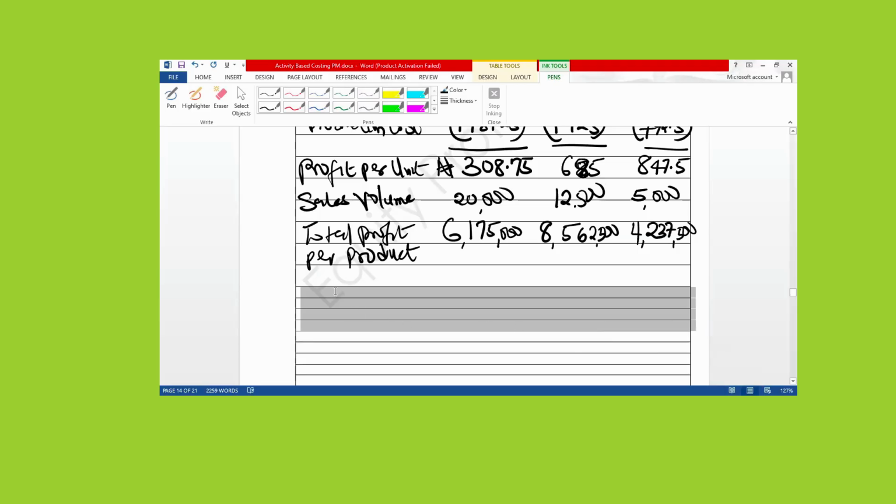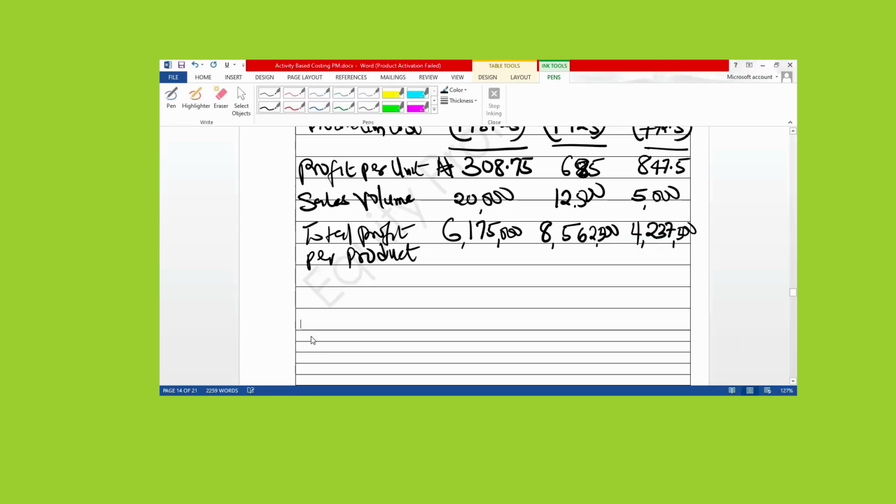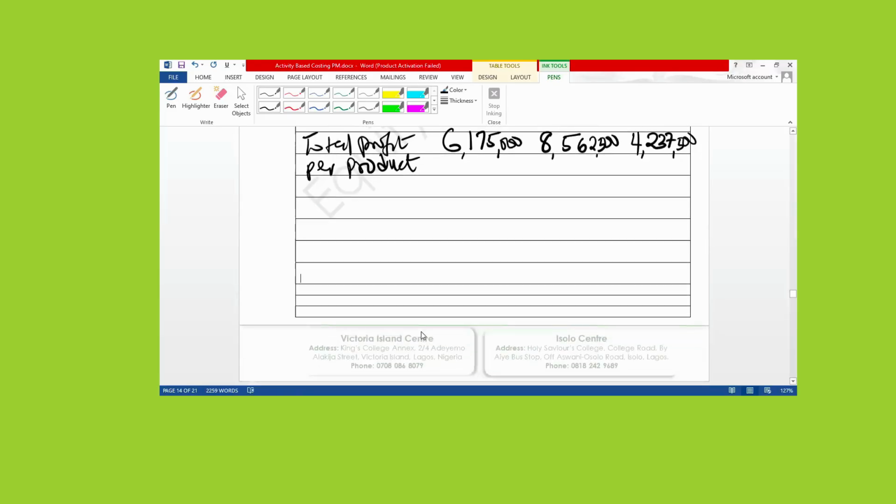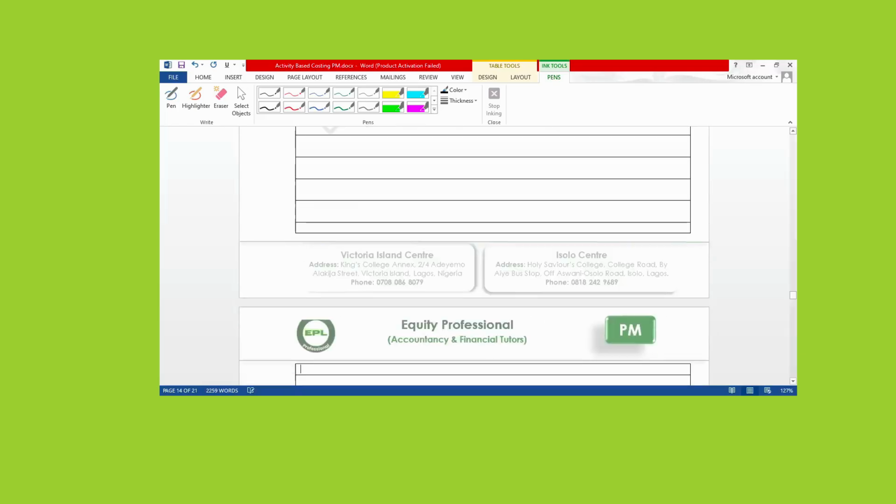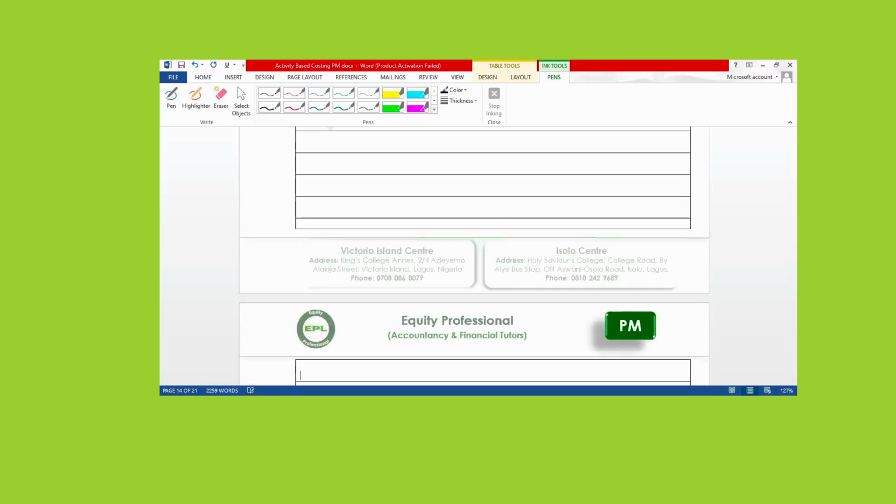Okay, let me expand this, otherwise it might not look right. Okay, let's go on.